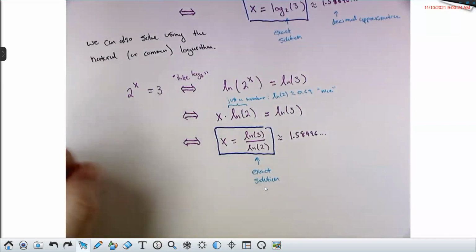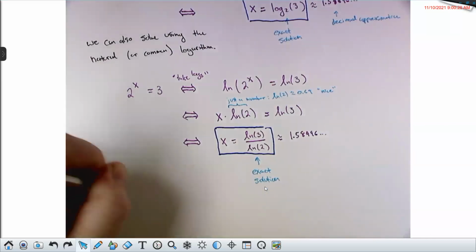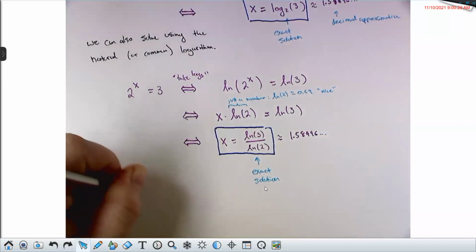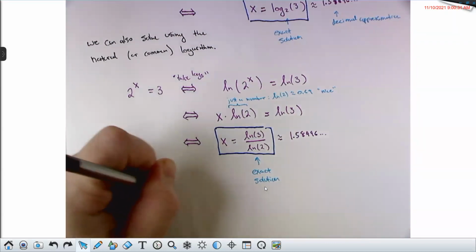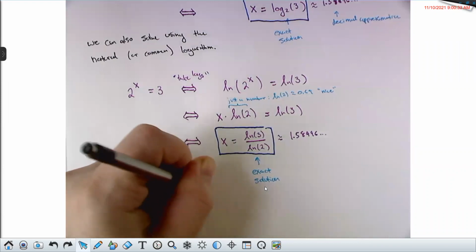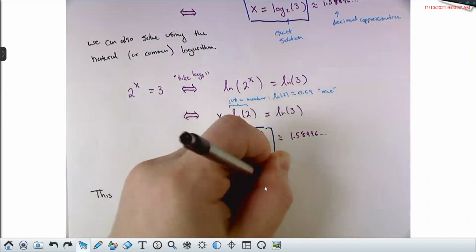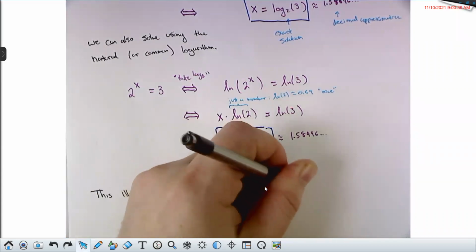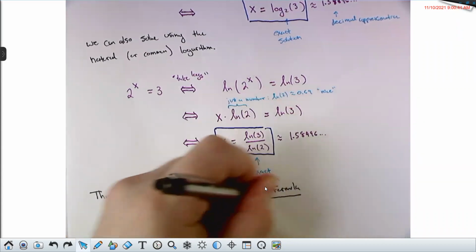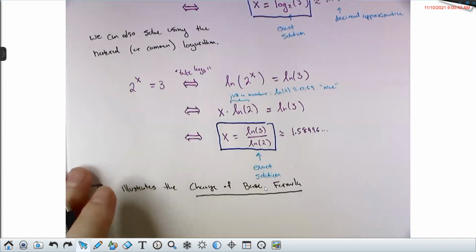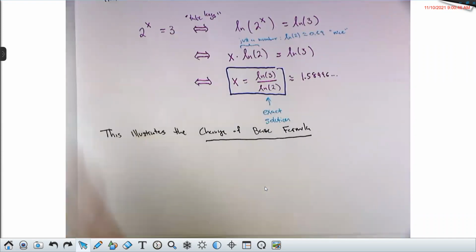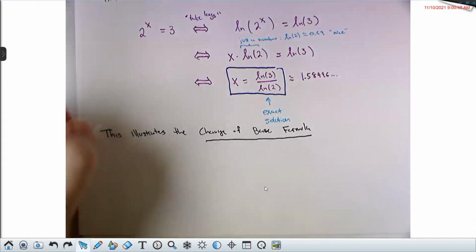So this illustrates, and that change of base formula can be written in a very general way, and then I'm going to give you a specific instance of it that is the way we really use it.